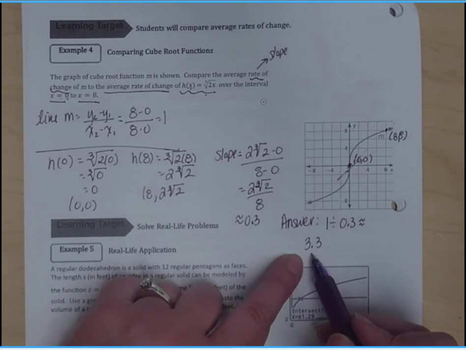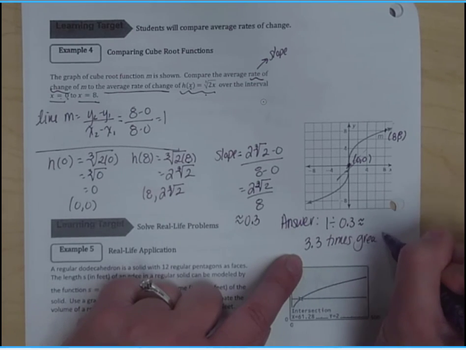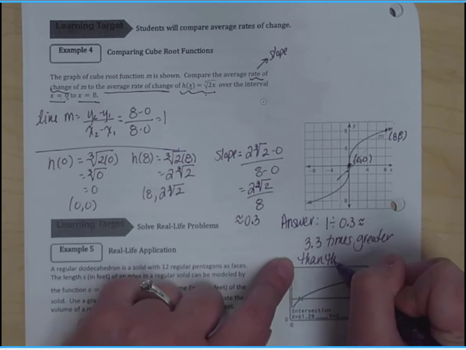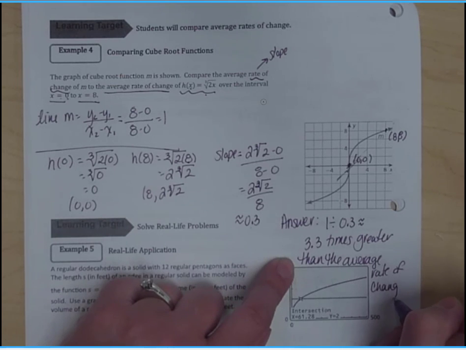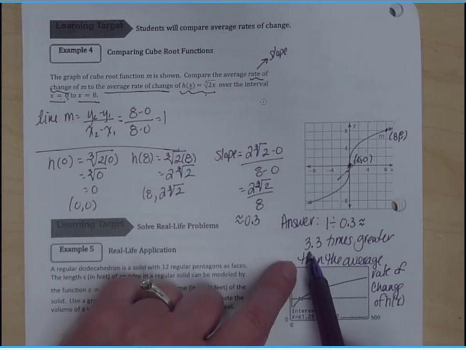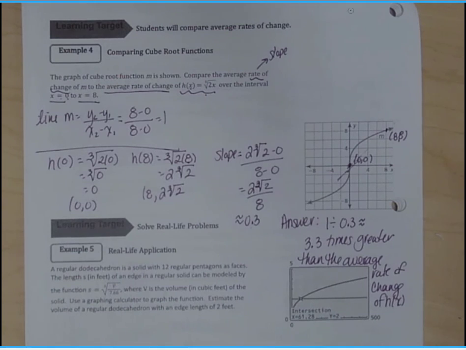So that means I've got 3 3/10 times greater than the average rate of change of h of x. So that m is 3 3/10 times greater than the average rate of change of h.